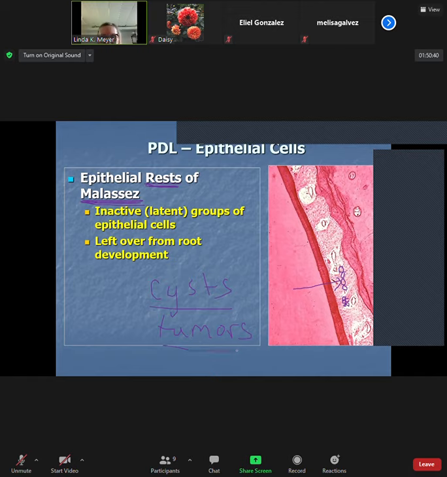In most of us, if we were to do a section of a tooth in situ, we would have some of these without any clinical significance. But just the clinical significance is they can be triggered. Some kind of stimulus like inflammation can trigger them to become cysts, and even sometimes different tumors.